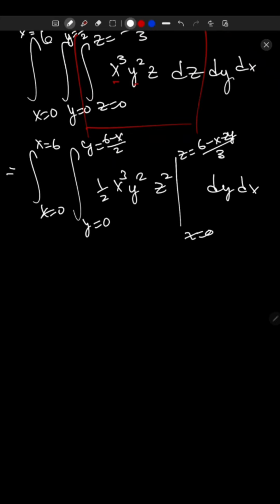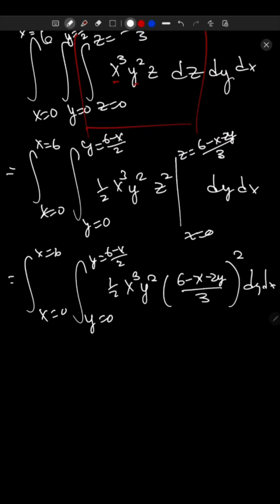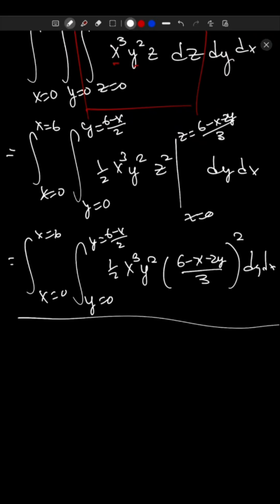Now we just plug in and we'll see all the z's disappear. We get 1/2 x cubed y squared, and then (6 minus x minus 2y) all over 3, whole thing squared, dy dx. And this just becomes a problem from section 16.2 or 16.3 or something like that.